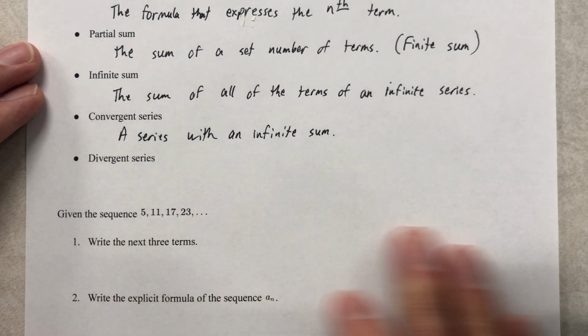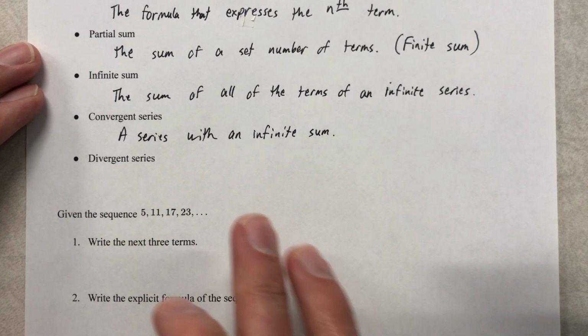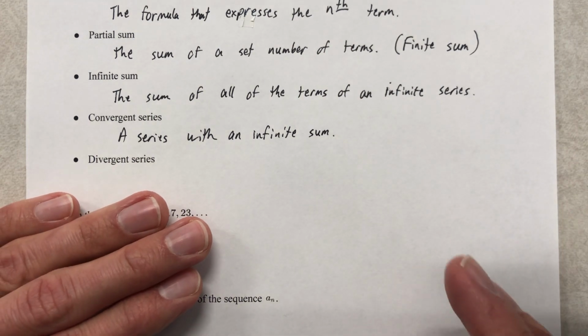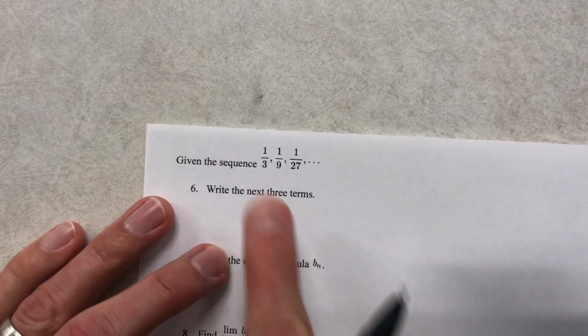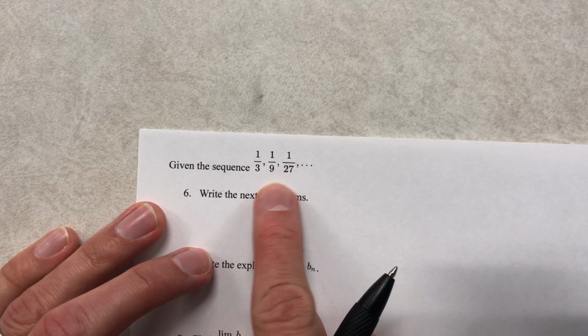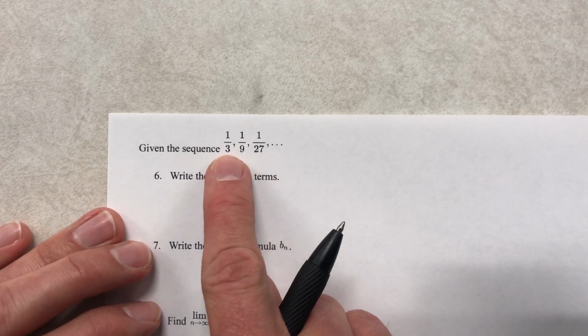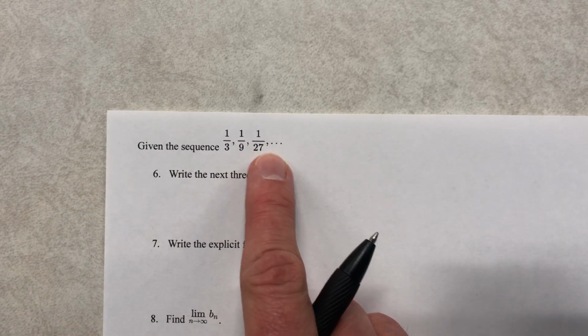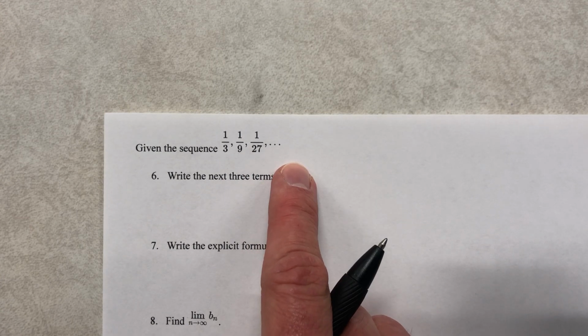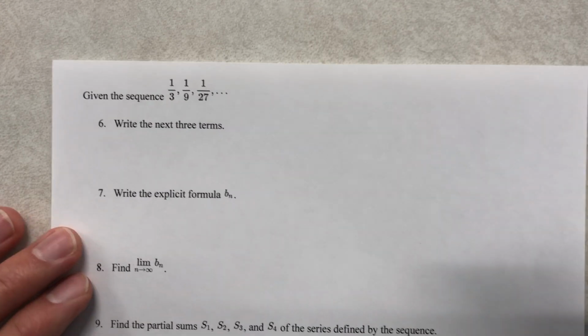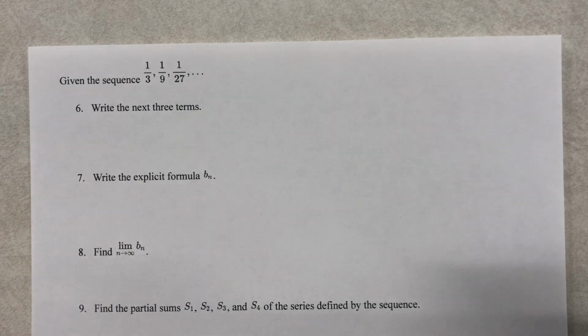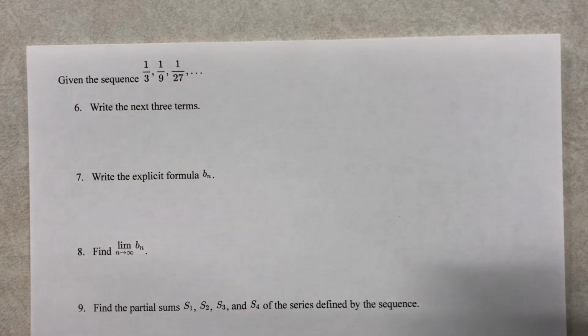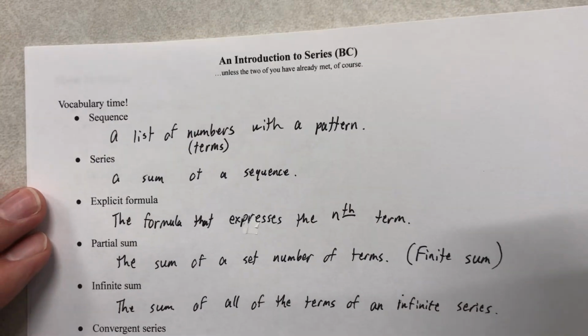If I add up a whole bunch of stuff and I get a number, like on the problem after the next one we're going to do, if I added 1/3 plus 1/9 plus 1/27 plus 1/81 plus 1/243, and we keep on going, you're actually going to get a number, not infinity. And so this one is a convergent series, and I will say that later when we get to it.